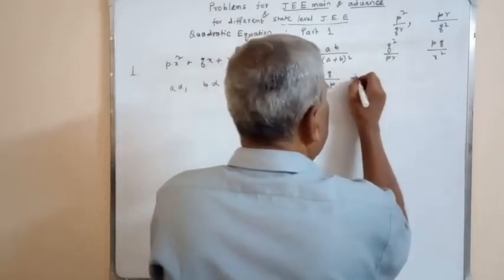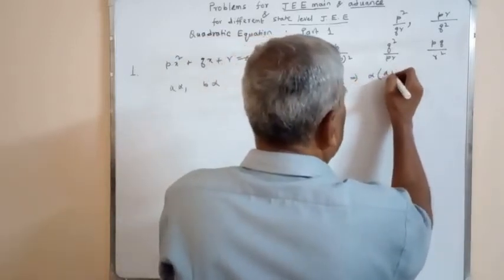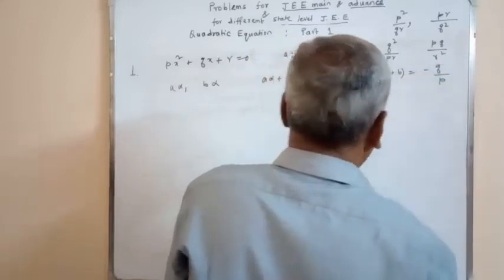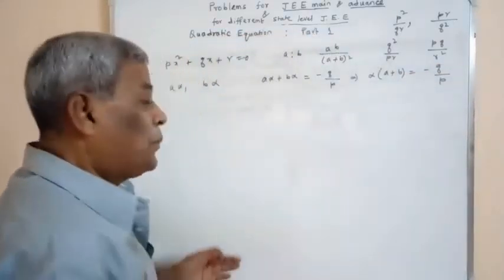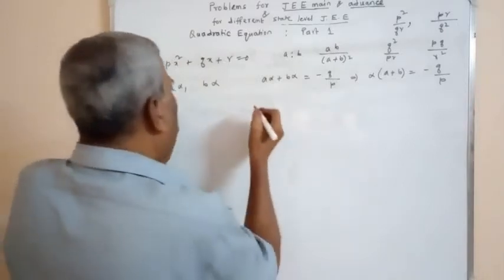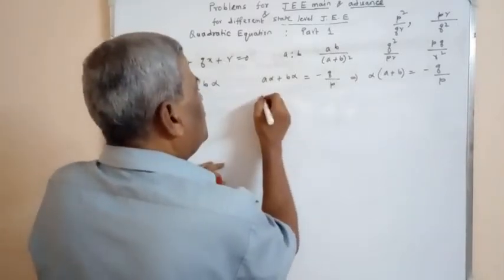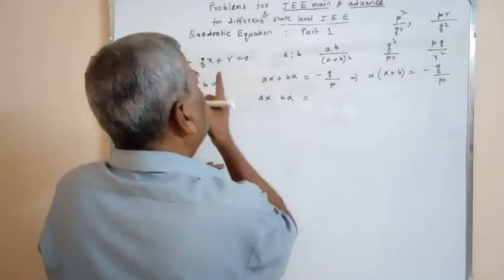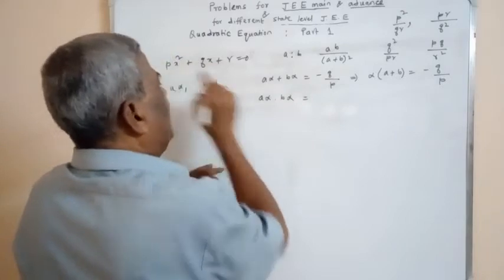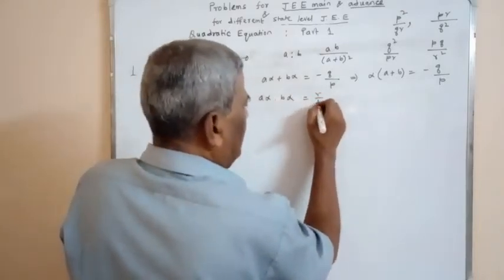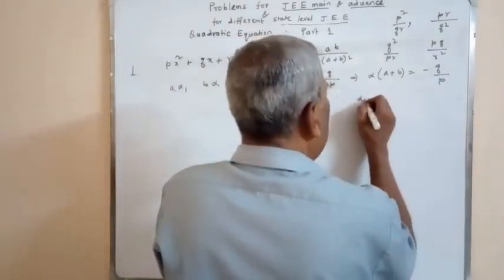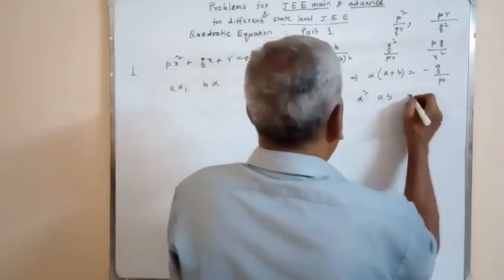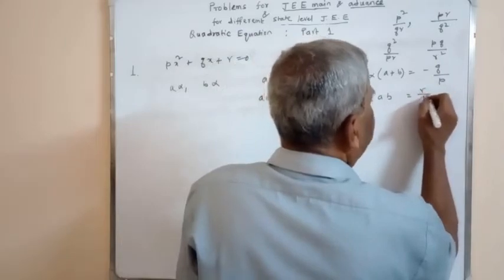That gives alpha into (a plus b) is equal to minus q by p. Next, the product of the roots. The product of the roots is this into that. So a alpha into b alpha is equal to c by a, that is r by p. That is alpha square into ab is equal to r by p.